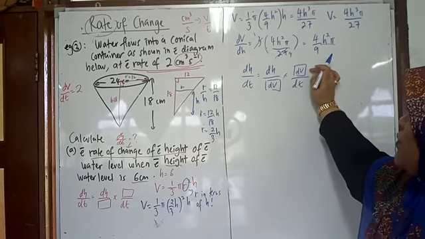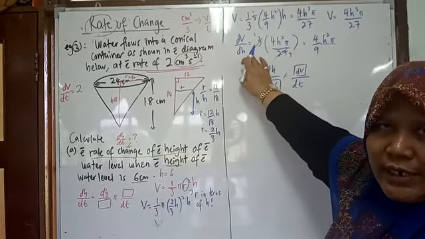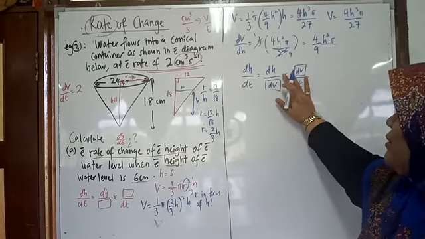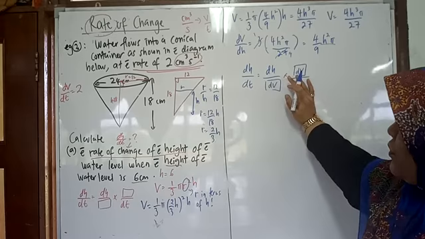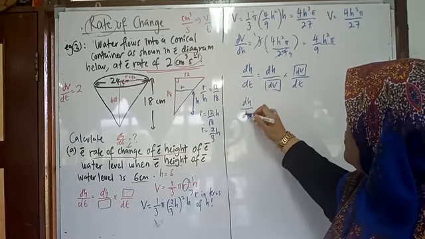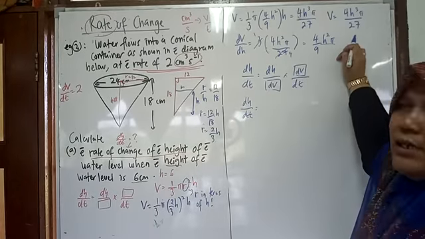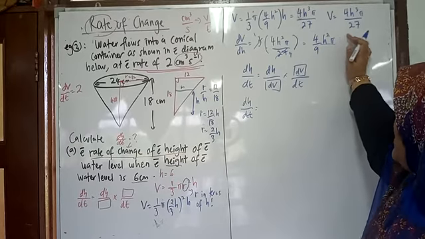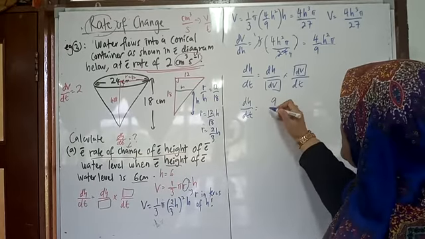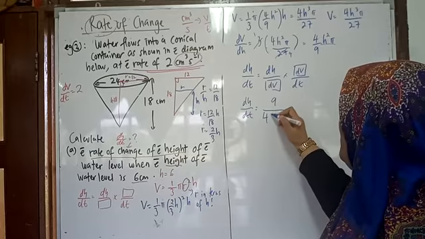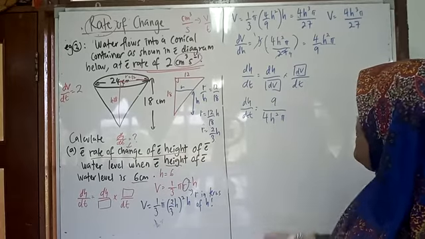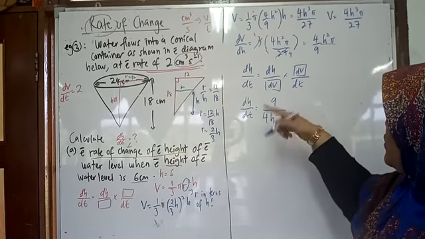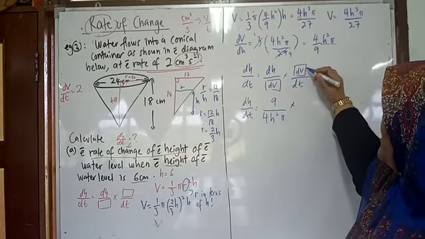But the chain rule needs dh/dV. Don't worry, we just need to switch the position. Just change the position: 9 over 4h squared pi. Then times dV/dt.